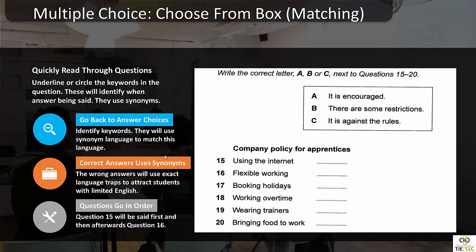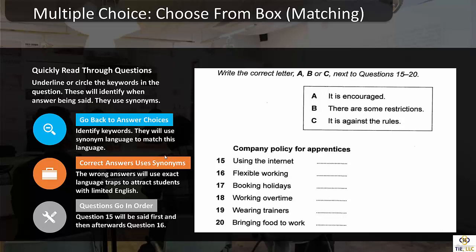But also, really, really pay attention to the answer choices A, B, and C. Identify the keywords. So, for example, in A, you have the word encouraged. You have to really think about what synonym language they are going to use for that word, because in the conversation or in the solo presentation, they're not going to say the word encouraged.